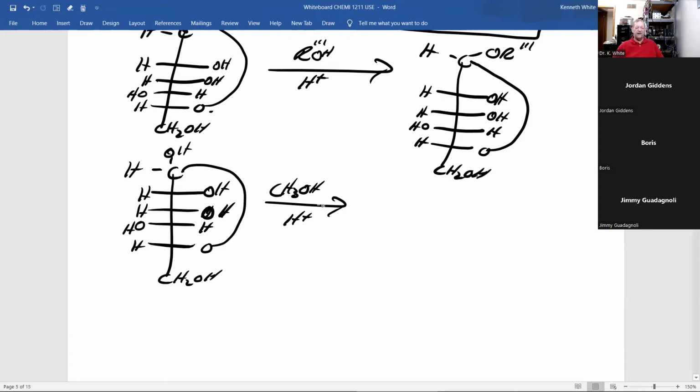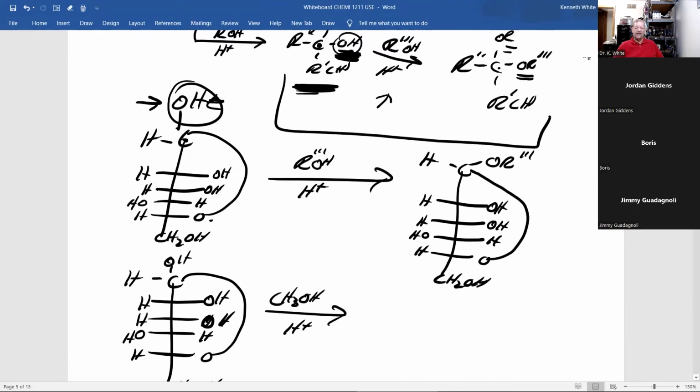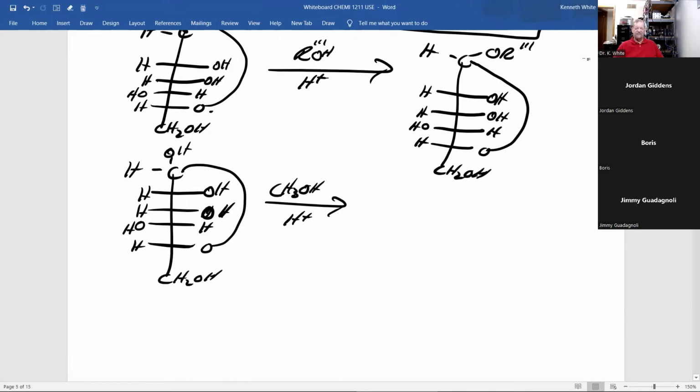What would be the product or products reacting this with methanol, CH3OH, and acid? And hint, look above here.